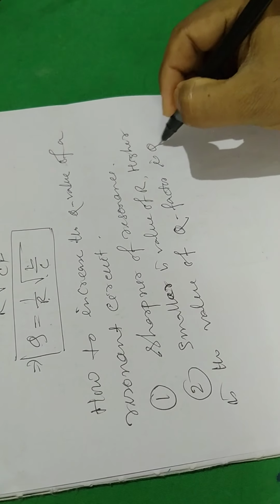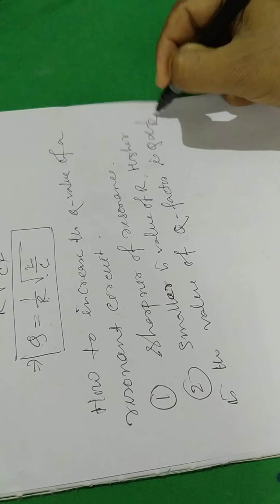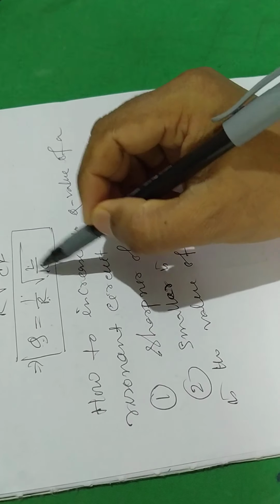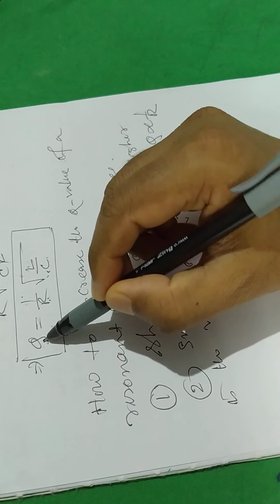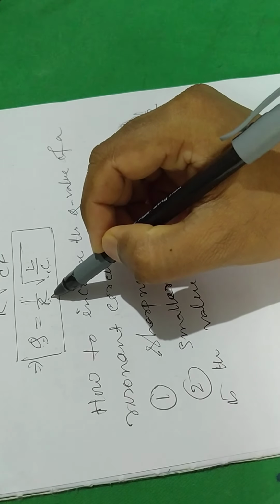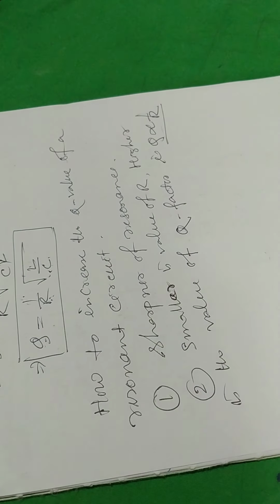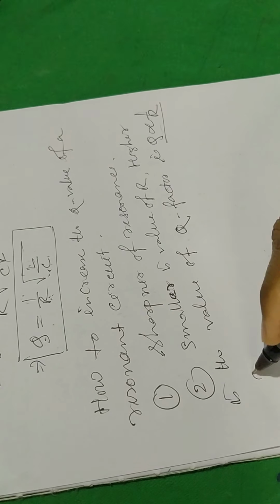You see the expression Q equal to 1 by R root of L by C. So Q is inversely proportional to resistance R.